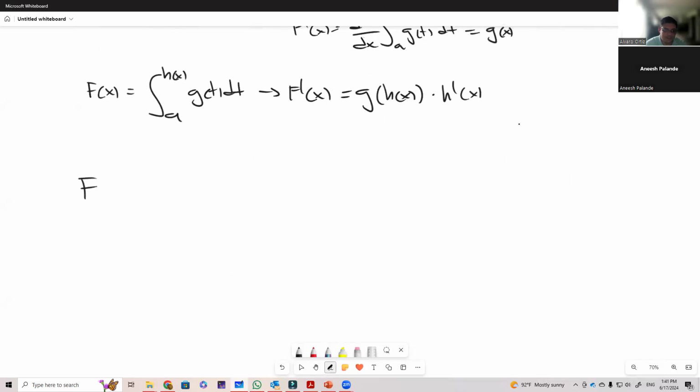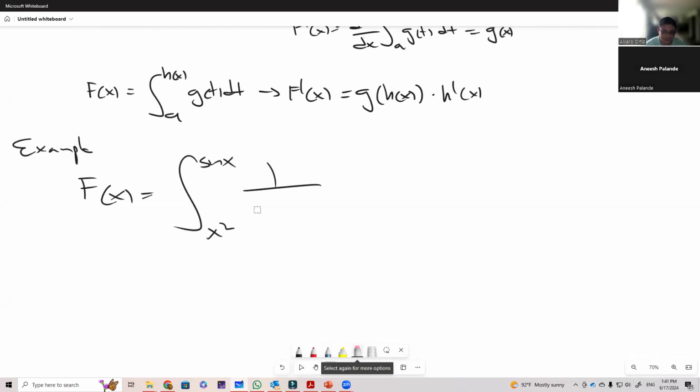Something like f of x equals the integral from x squared to sine of x of 1 over t cubed plus 1. Notice that this is a very weird integral that you probably won't be able to solve very easily. But the point is that you're not trying to find a solution. Most of the time with these weird integrals, you're trying to find f prime.